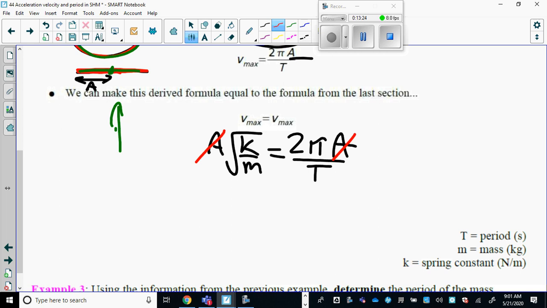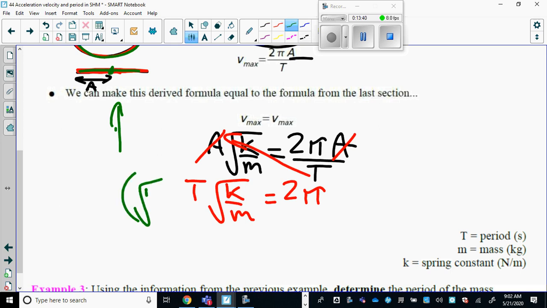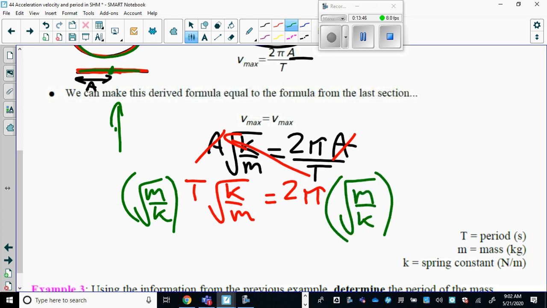And then we're going to just move the T up here. The simplest mathematical way to get rid of that k over m is to multiply both sides by the reciprocal of the square root of k over m, which is the square root of m over k.